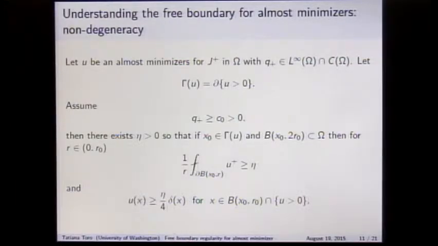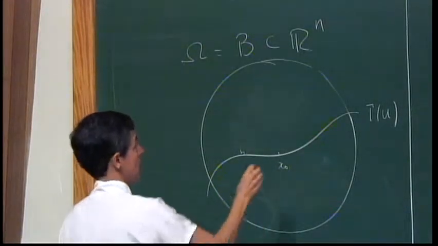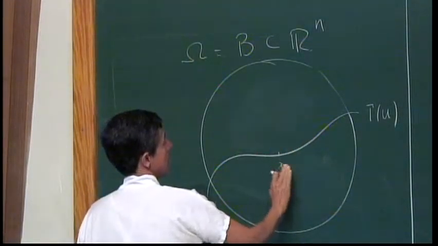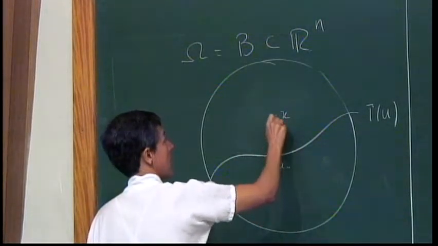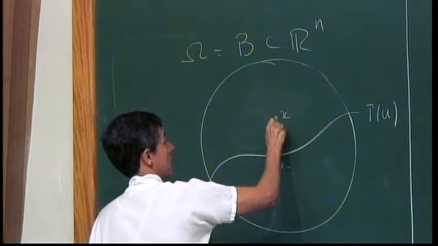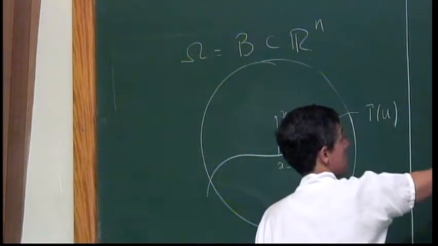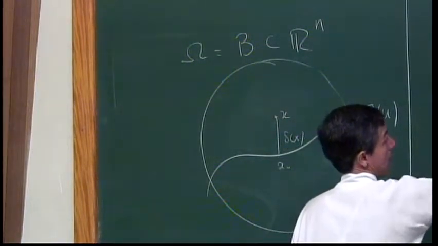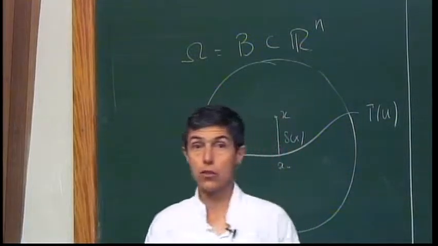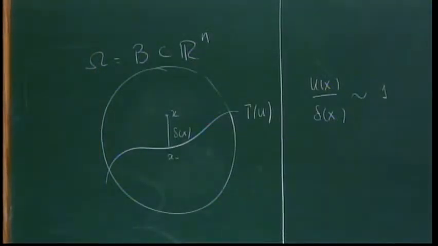But what this says is that if this is x naught, and let me put r naught here, basically what this is telling me is that every time I take a point here, the value of u is comparable to this one. Okay? So remember, u of x is comparable to delta of x. This symbol means it's bounded above and below by constants that don't depend on anything other than allowable things. Okay.